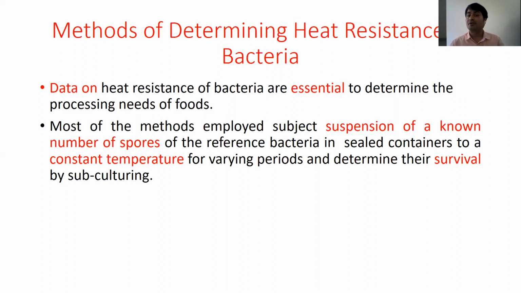Clostridium botulinum. So we prepare a suspension of a known number of Clostridium botulinum spores, which means providing some medium where they can survive and grow, and we pack it in a sealed container.